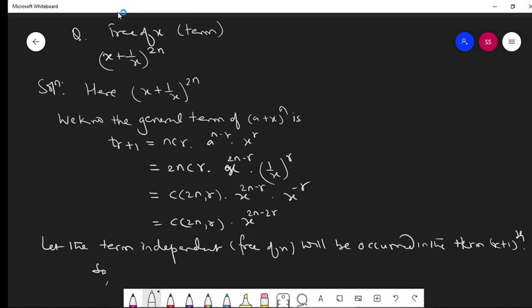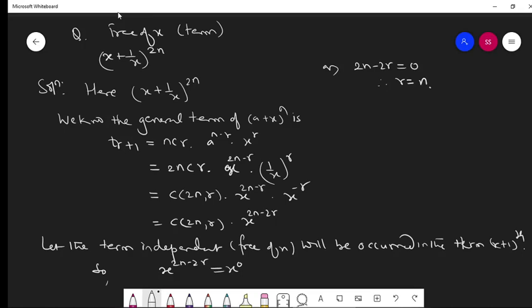So in that case x to the power 2n minus 2r equals x to the power 0, or 2n minus 2r equals 0, r equals n.